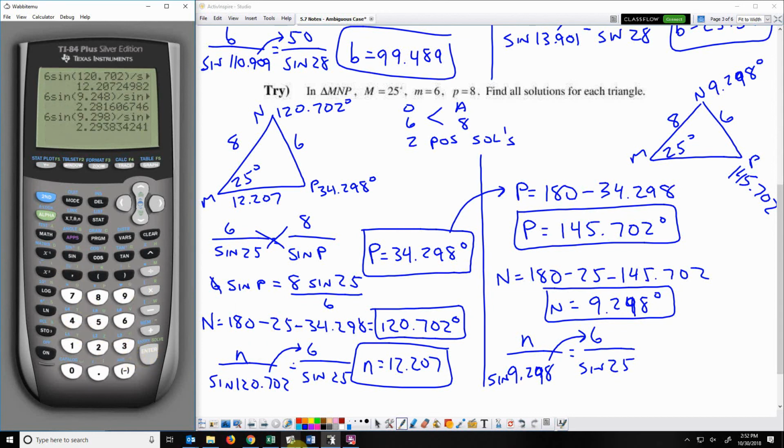So I get 2.294, and that's where I should be. Okay, so now I've got all three sides and angles for two different possible solution sets.